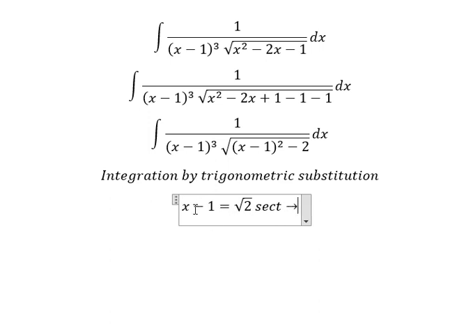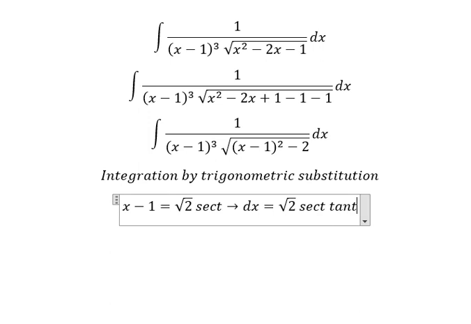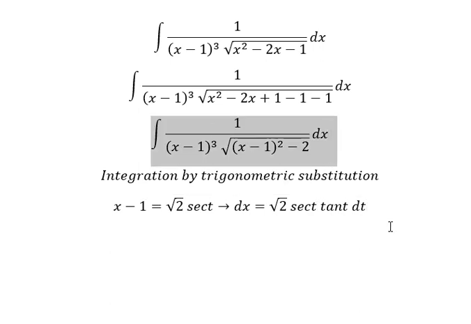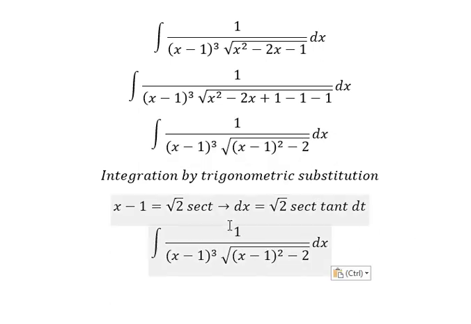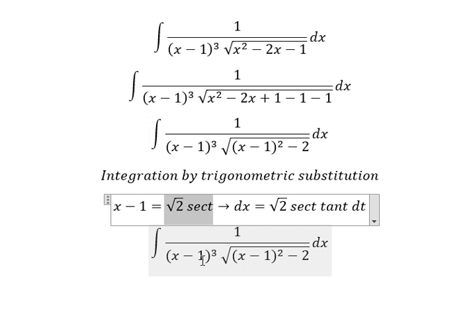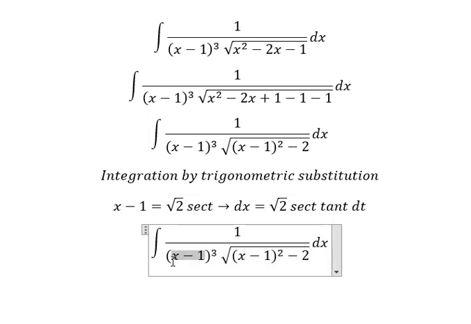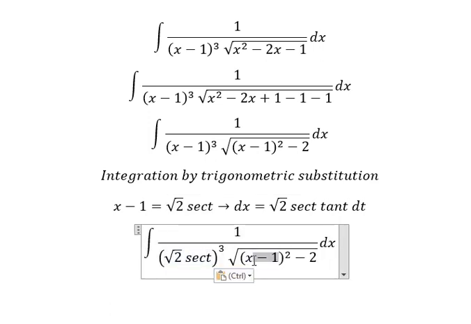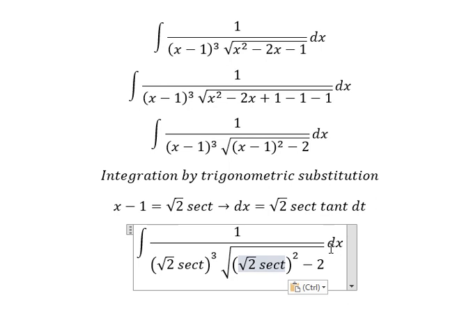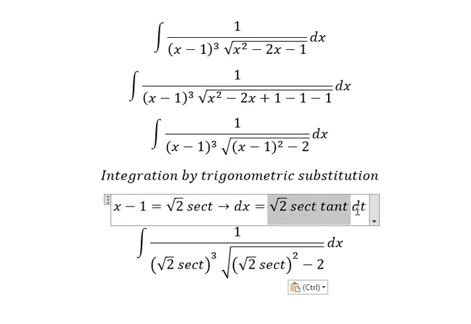Next, we need to do first the derivative for both sides, and we have like this. So I will put this one gone here and here. ds we change for this one.